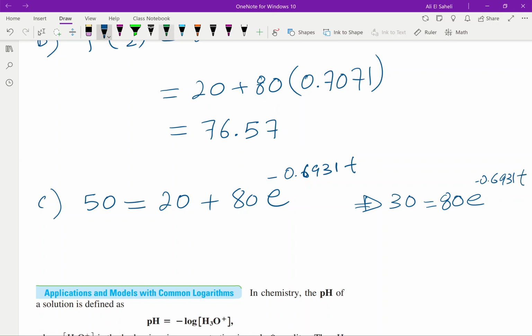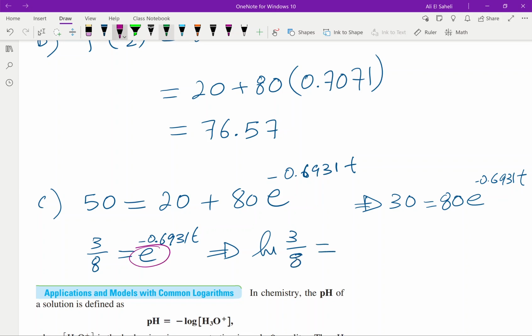Divide 30 by 80, so 3 over 8 is equal to e to the minus 0.6931 t. Now we apply ln to both sides. Ln of 3 over 8. On the right side, ln cancels with e, so we're left with the input of the e, minus 0.6931 t.